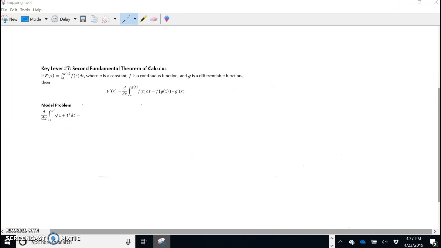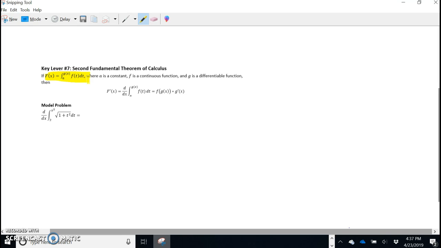All right, and my last key lever is called the second fundamental theorem of calculus. I think in another video it showed up as a function defined by an integral. So you can see here when I dig into the new theorem, big F is the integral from a constant a up to a new function g of x of f of t, where a is a constant, f is continuous, and g has a derivative.